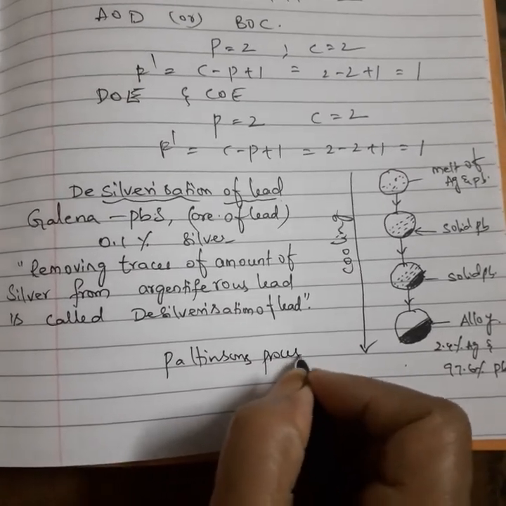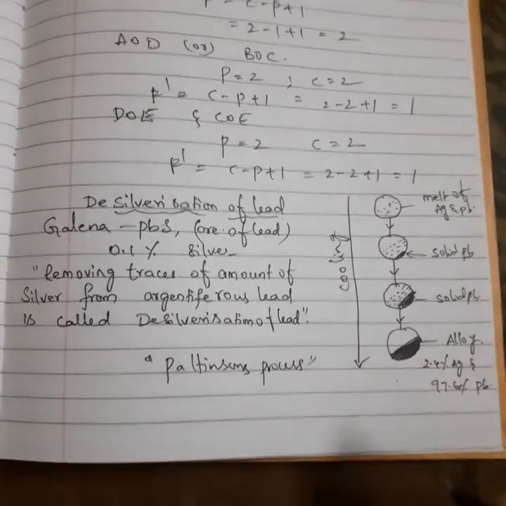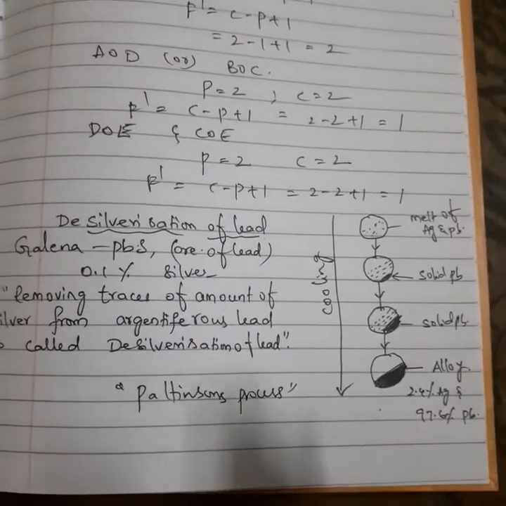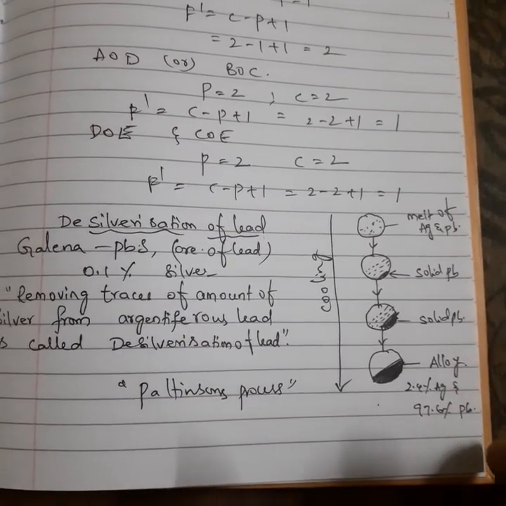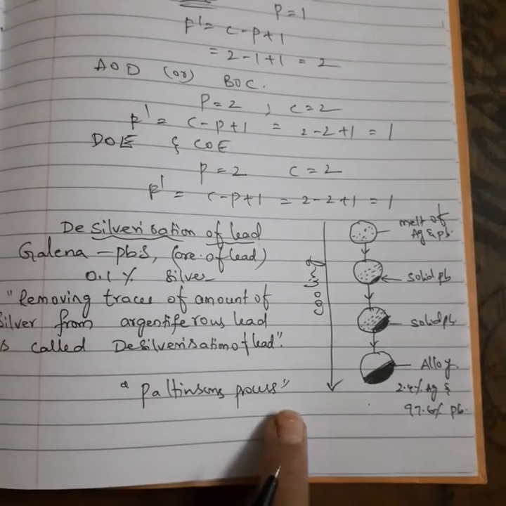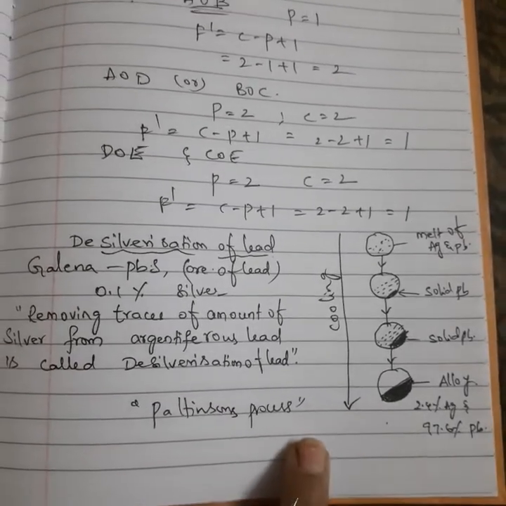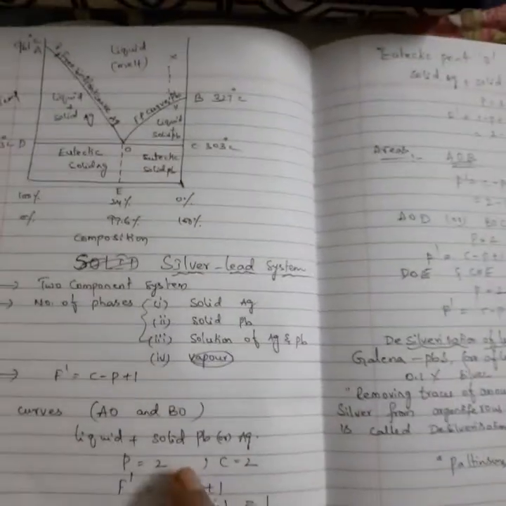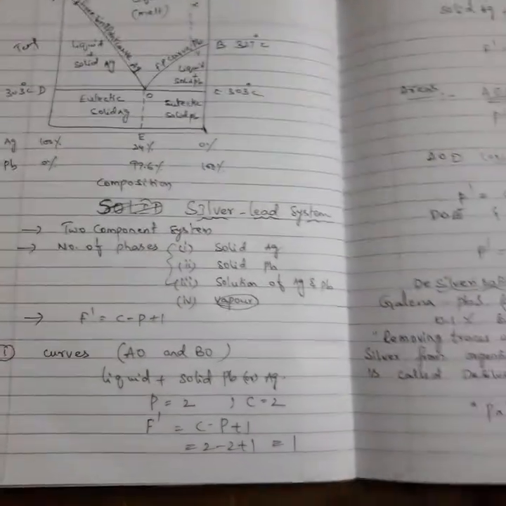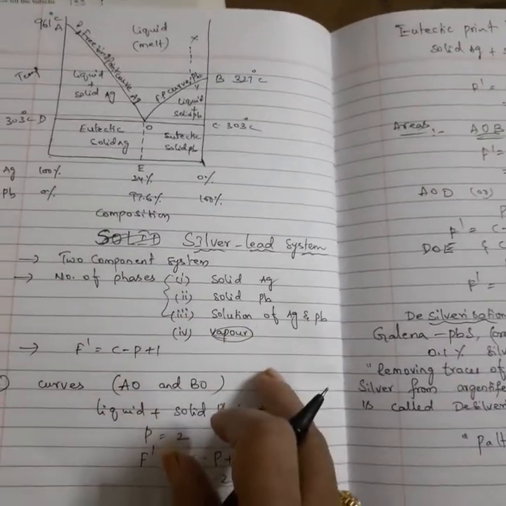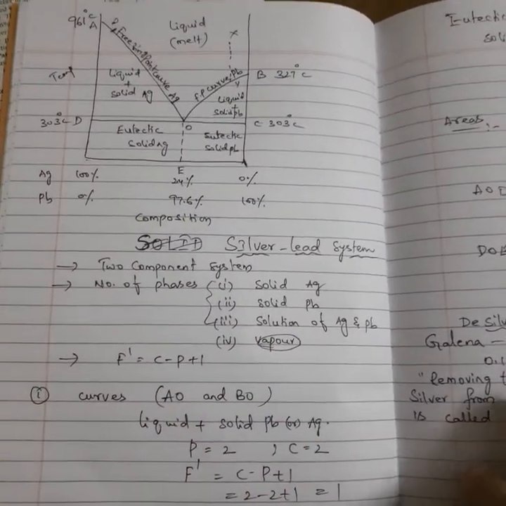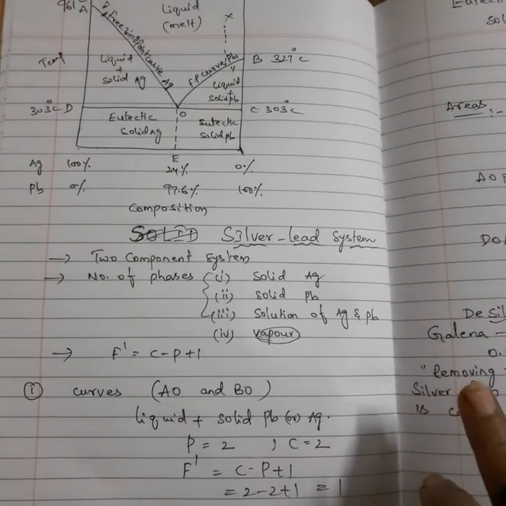Pattinson's process. For the removal of lead, we are increasing the composition of silver. That process is called Pattinson's process. So this is about this overall silver lead system, which is very important for your exams under the two component system.